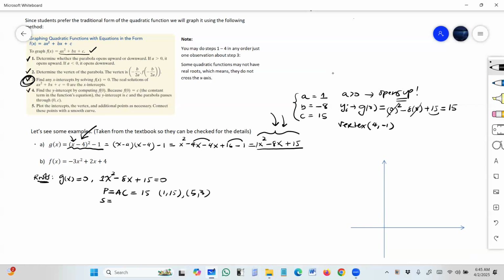Now the sum has to be b, which is minus 8. Now this is a review. I am not teaching this topic right here. I'm just reviewing it with you real quick. If you need to review more, then do some research by yourself or take a look at your 119 notes and remind yourself how to factor using the AC method.